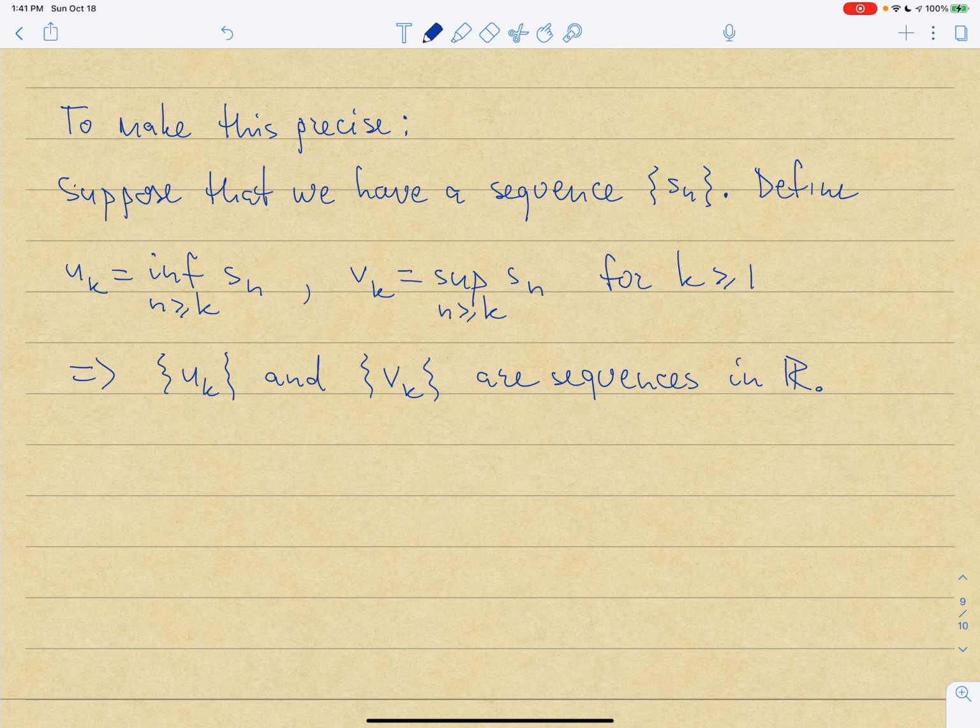If I want to measure the window of oscillations at infinity, so what happens to my window of oscillation as k gets bigger and bigger, I will need to take a limit of Uk and a limit of Vk as k goes to infinity.